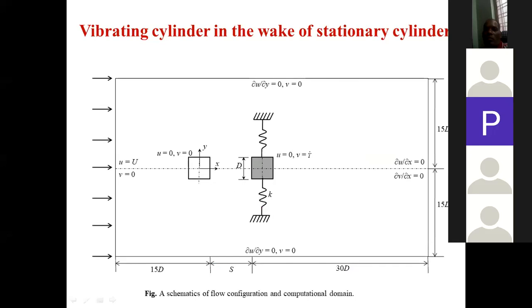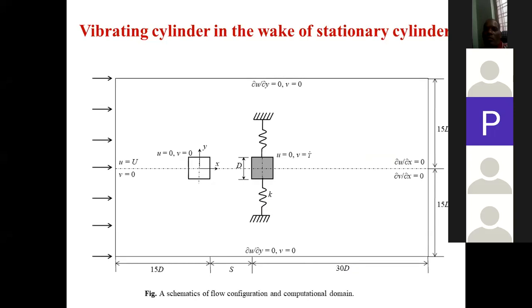Because earlier problems were for a stationary one, but recently the vibration of cylinders, this kind of structure, has paid more attention, because nowadays these vibration problems are used for harvesting energy naturally. Whatever energy we generate due to the vibration of this cylinder can be converted and harvested as energy. So this is one basic example.